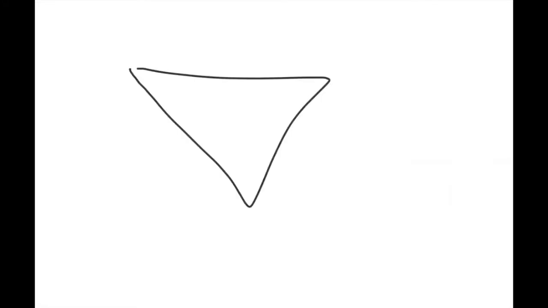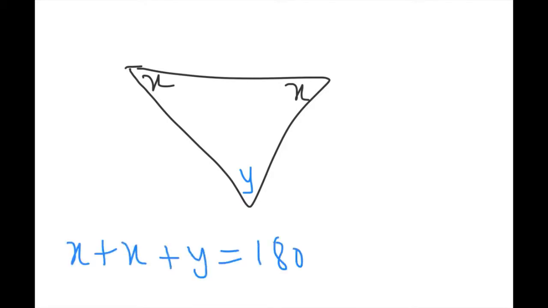So if we have that, let's do the triangle differently now. So it's like that. If that is x and that is x, then this over here will be, let's call it y. So x plus y equals 180, which is the 3 insides of a triangle.